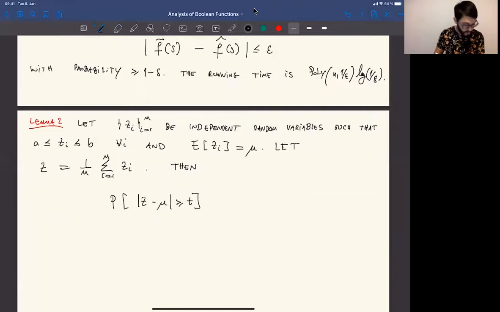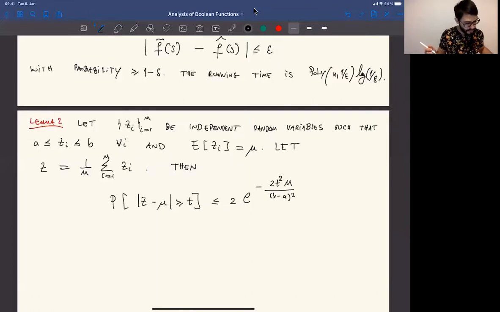So this is one of these tail bounds, which are usually useful in mathematics when you're dealing with probability distributions. This is sort of a Chernoff type bound. There are also other names here. It can also be called Hoeffding's inequality.